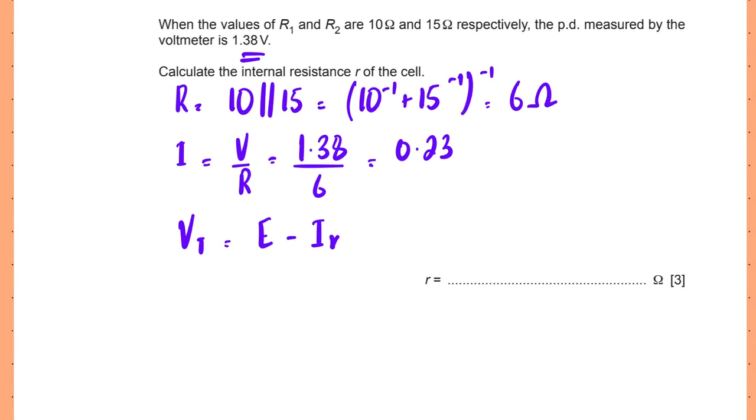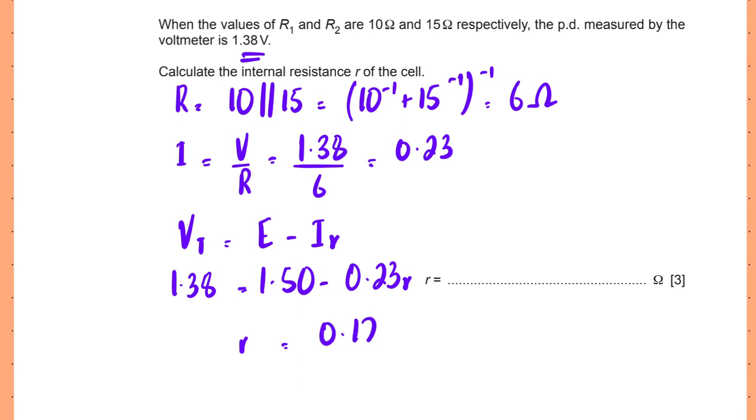So 1.38 equals 1.5 minus 0.23 r. So r would basically be 1.5 minus 1.38, which is 0.12, divided by 0.23, right? So 0.12 divided by 0.23 turns out to be 0.52 ohms.